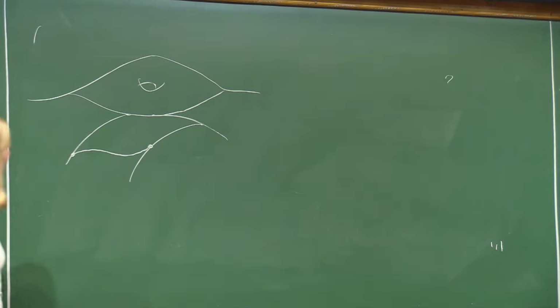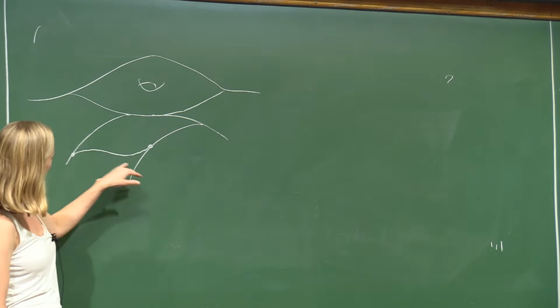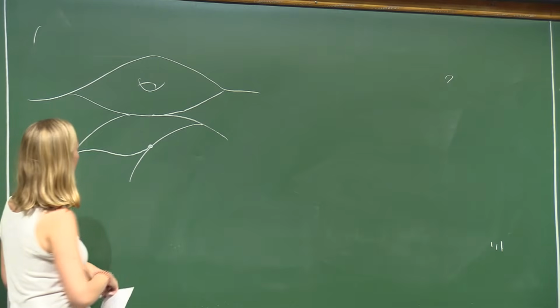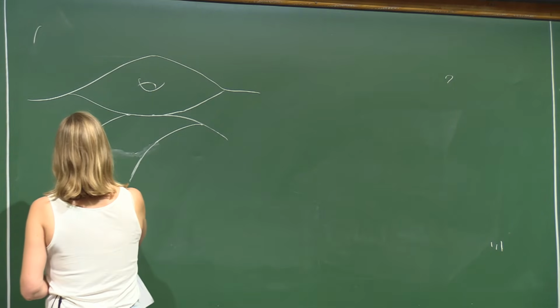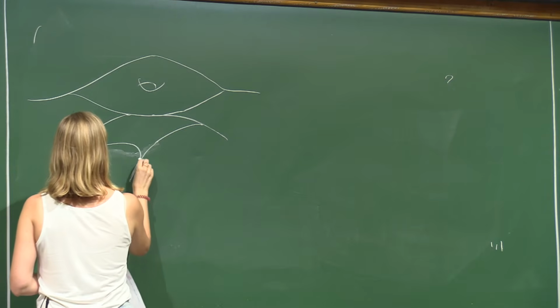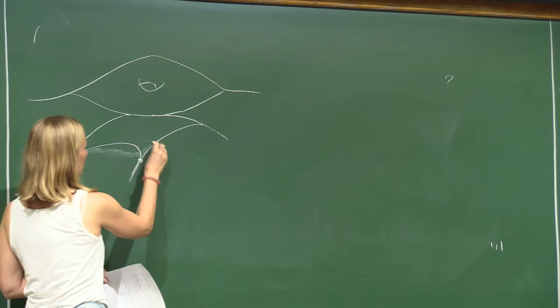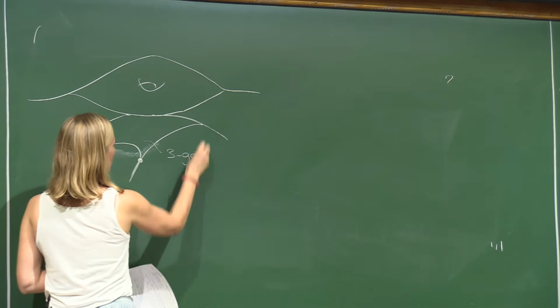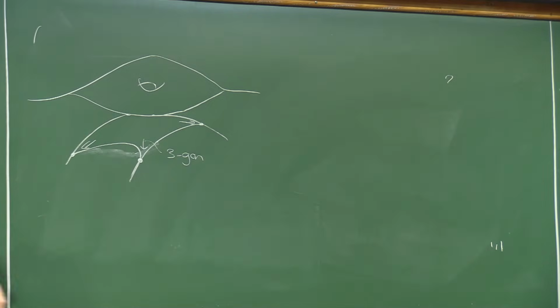So here's a piece of a train track. It's not a topological disk, so we don't have to worry here. Did I manage to draw a bigon? Maybe this goes like this. This is now a 3-gon, I think. So here are the 3 corners. That's not a corner. Okay. All right.